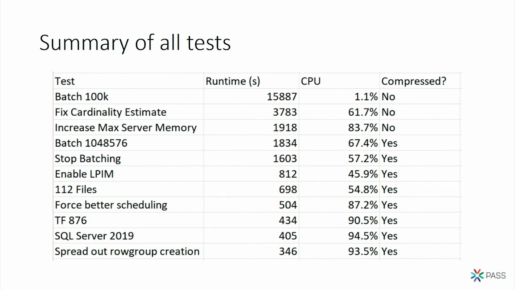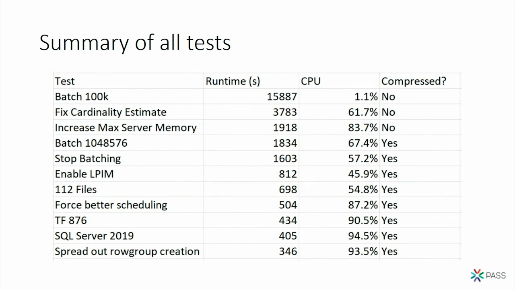Partitioning for staging or for the report? Main table. So the question was, would partitioning the target column store improve load performance, right? There are some trade-offs there. If you insert into a partitioned table, SQL Server has to figure out which partition your data is going to, and there's no way to do that without overhead.